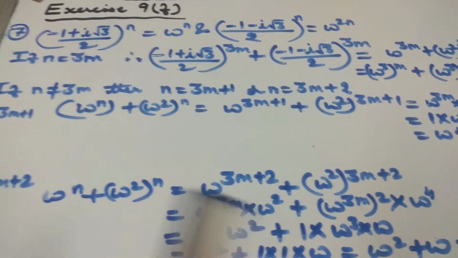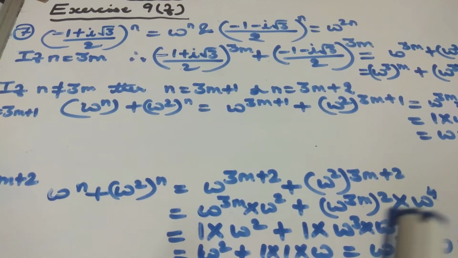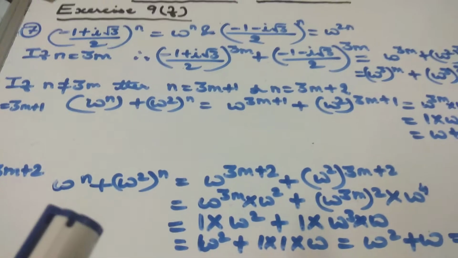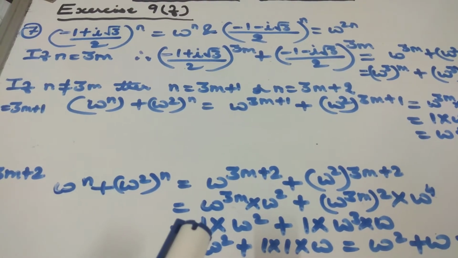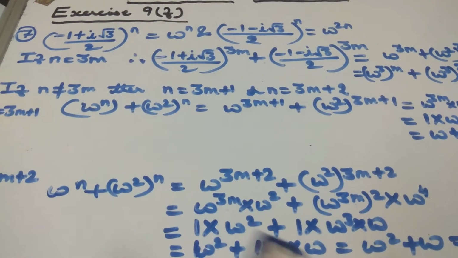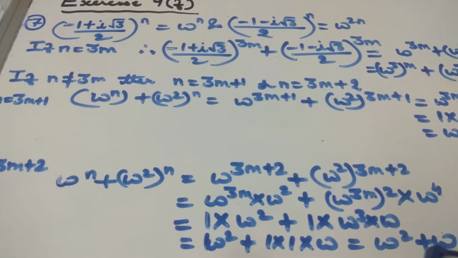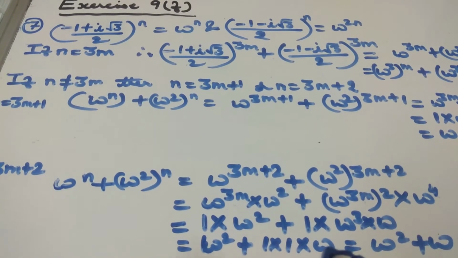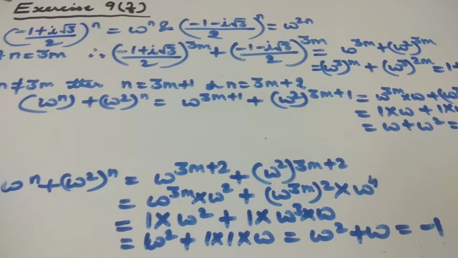By opening the powers, you get this. ω^(3m) into 2, you can write into ω^4. Now the first expression ω^(3m) will be (ω³)^m, that is 1. So this is simply 1 into ω². What about the second expression? 1 into ω³ into ω^4. So it will be 1 into 1 into ω. So ω² + ω, that is again equal to -1.